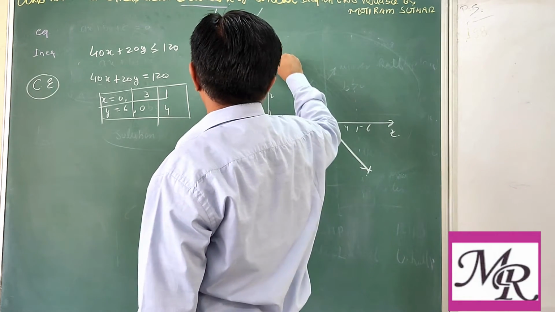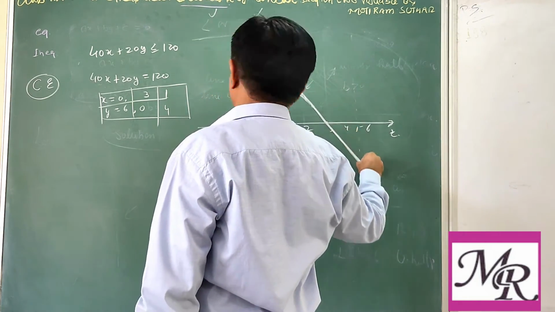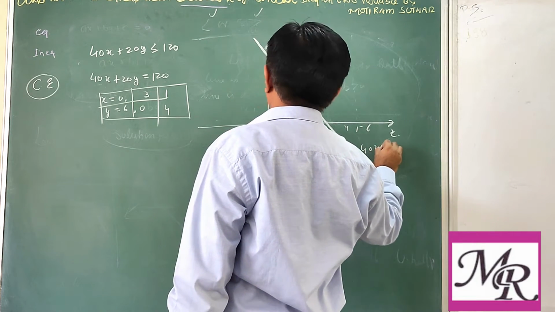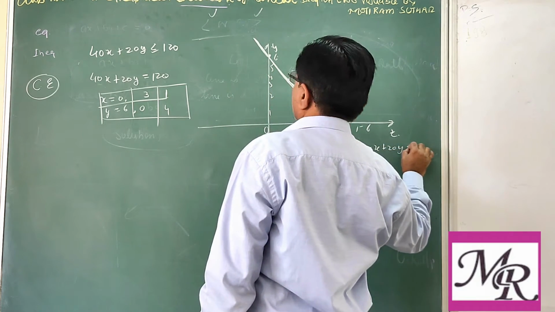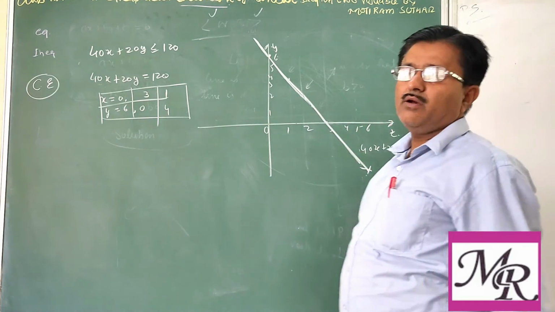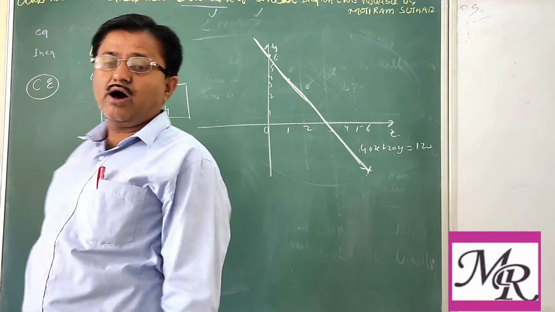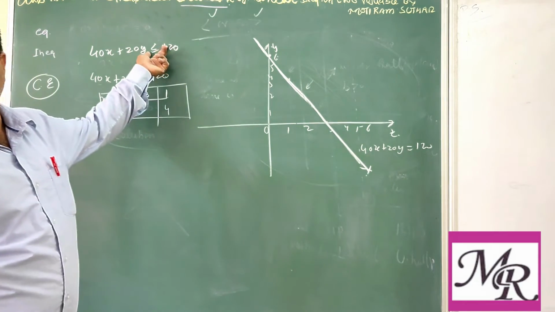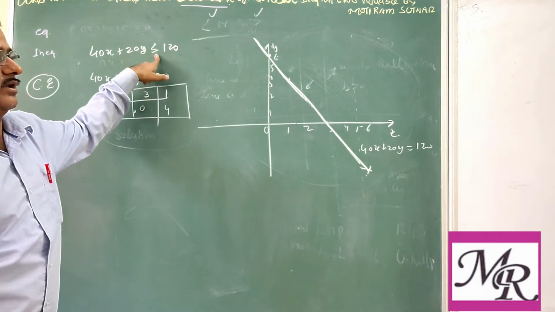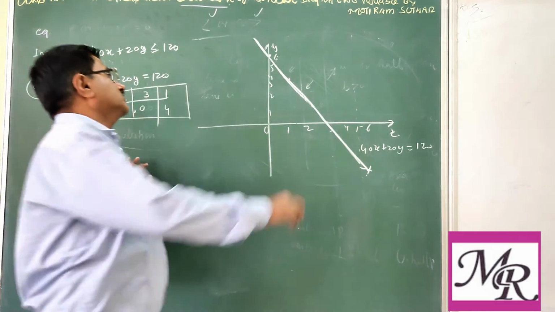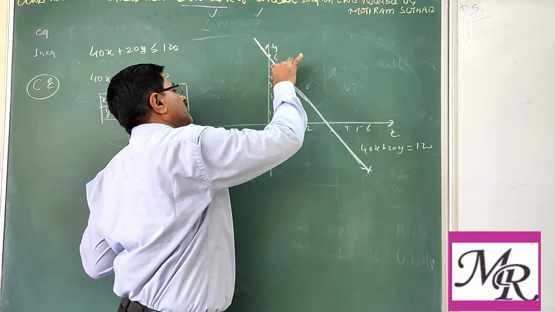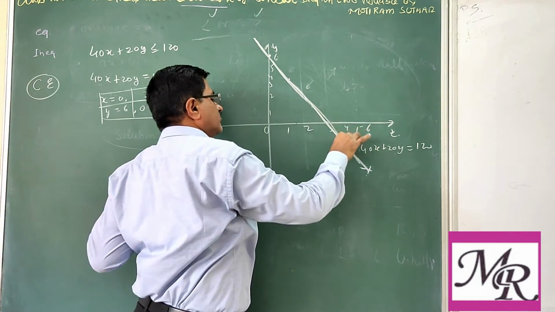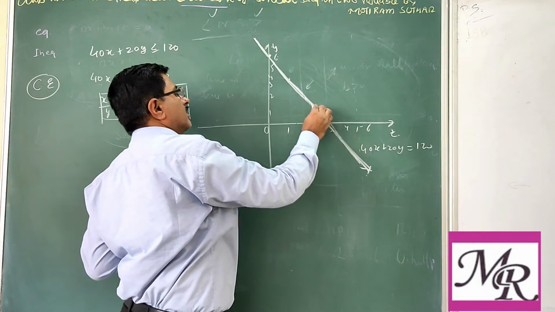So this represents the equation. On the line, every point will satisfy the given equation. We have already seen that in the previous class. Now here we discuss the inequality. Here the equal to sign is there, and whenever the equal to sign is there, we already said that the line should be dark.